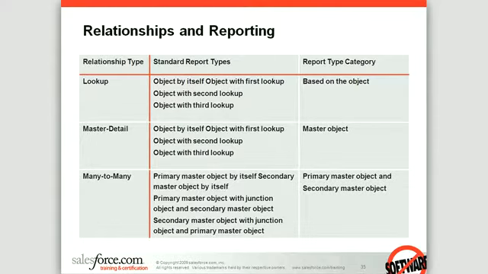All right. So in terms of what you'll see, we'll talk about many-to-many relationships in a bit, but this is really referring to the report types that you'll see by default when you create these relationships. So I just showed you job application and then review, right?